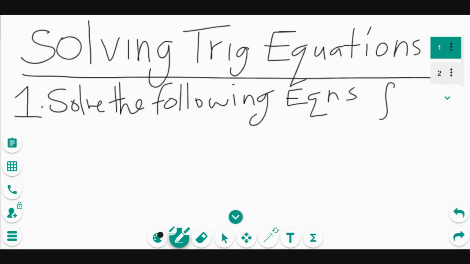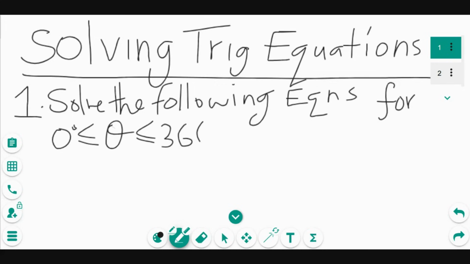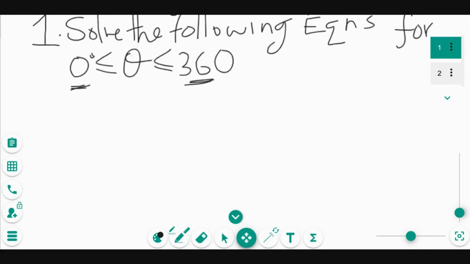And we are given a range of degrees, 0 degrees less than or equal to theta, theta is going to be our angle, and this is less than or equal to 360. So we are basically being told by this range that our answers should be between 0 and 360. We should not go beyond that. That's the simple meaning of that range.